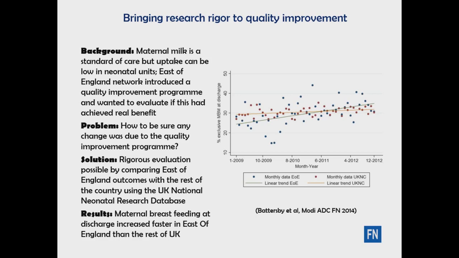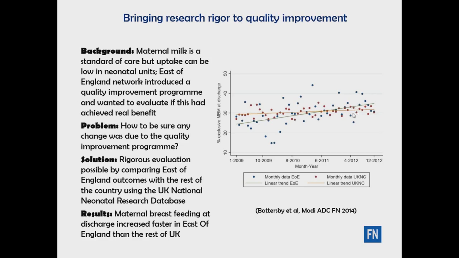If they'd done a simple before and after study, they would have shown that after the implementation of the care bundle, yes, breastfeeding rates went up. But how would you know that this was causally related to the implementation of the care bundle? Well, it was done by comparing the rate of change in the east of England, which is the green line here, against the rate of change in the whole of the rest of the country.